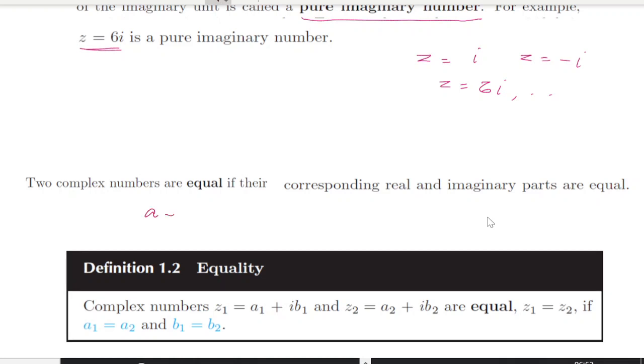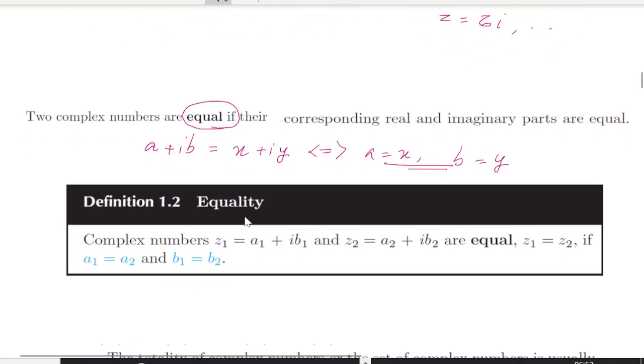Now, when will we say that two complex numbers are equal? That is, a plus ib equal to x plus iy implies that a equal to x and b equal to y. That means the corresponding real parts should be equal, and the corresponding imaginary parts should also be equal. In that case, we say that these two complex numbers are equal.